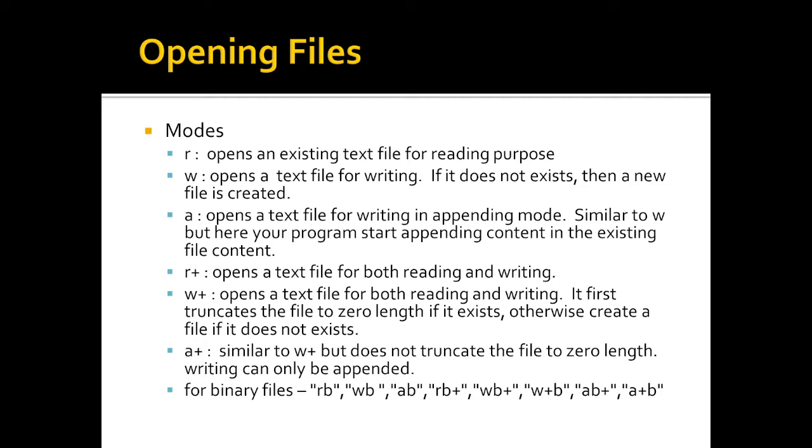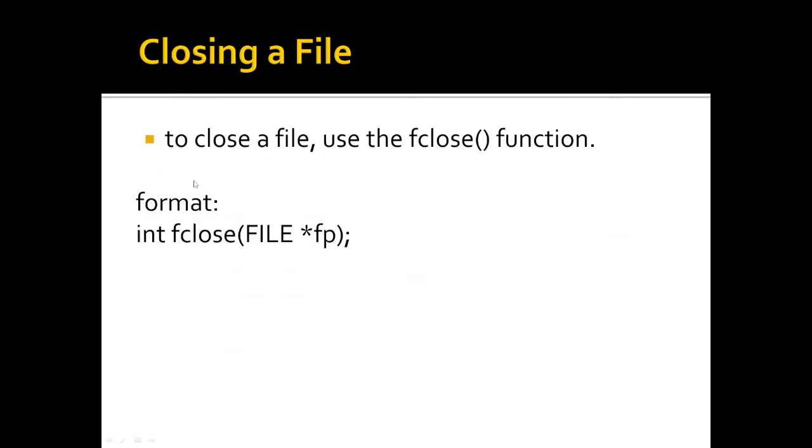A+ is similar to W+, but does not truncate the file to 0 length. Writing can only be appended. For binary files, which will not be covered in this video, we use RB, WB, and AB: just read, write, and append with the B added. Others will be similar to this, but instead of text files, we'll be reading binary files.